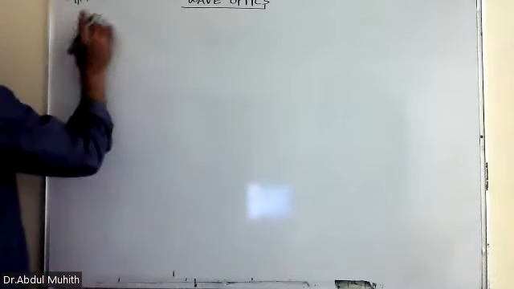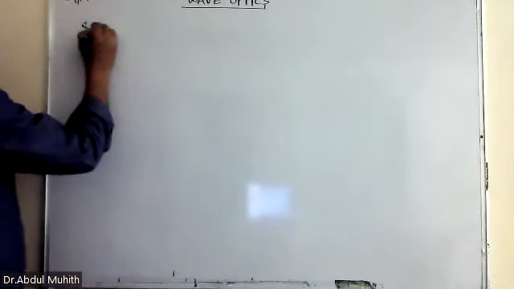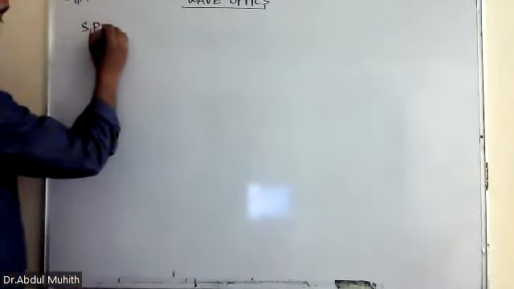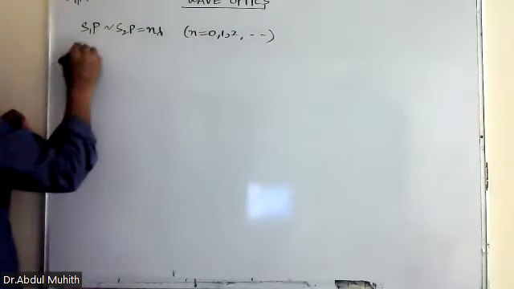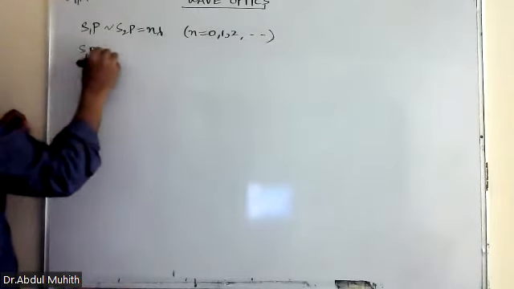The general formula here is: S1P minus S2P is equal to n lambda, where n is equal to 0, 1, 2, and so on. Next, S1P minus S2P is equal to (n plus 1 by 2) lambda.